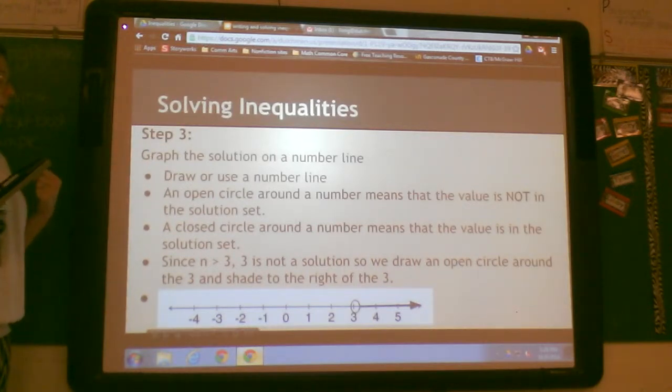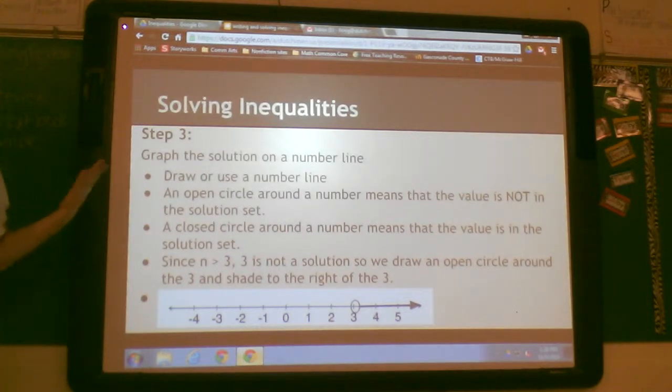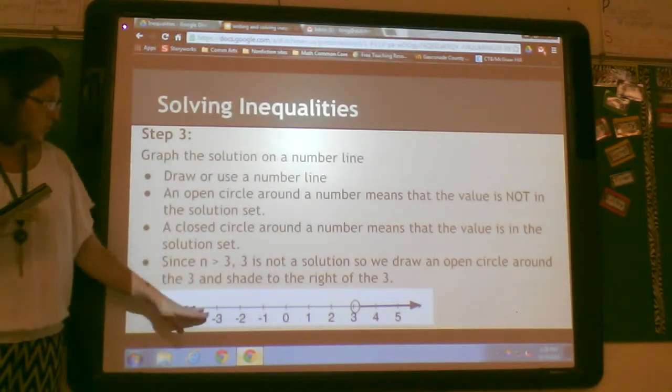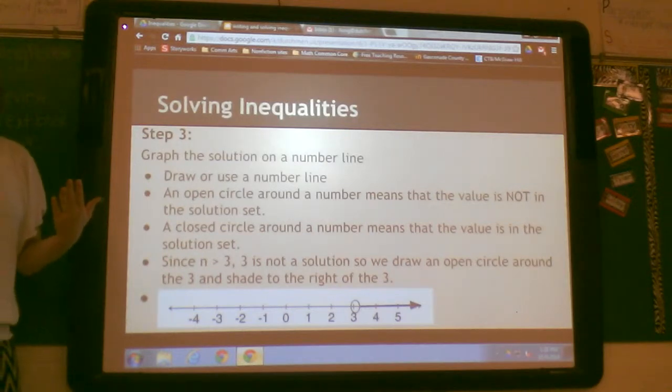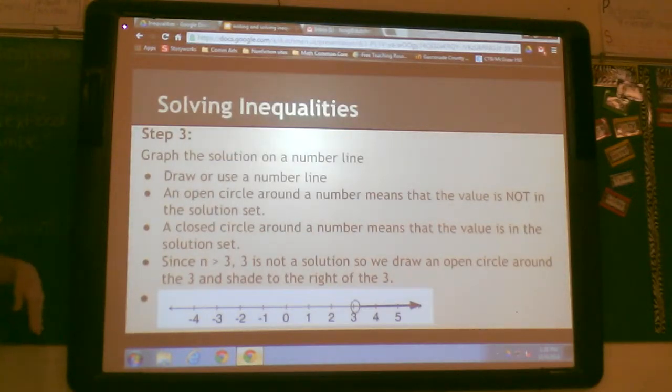Step 3. We're going to graph the solution on a number line. You can draw a number line, or if you have one like this, we're going to use it. An open circle around a number means that the value is not in the solution set, meaning there's not an equal to part to it. A closed circle around a number means that the value is in the solution set. So if it says greater than or equal to 3, you would include the 3.